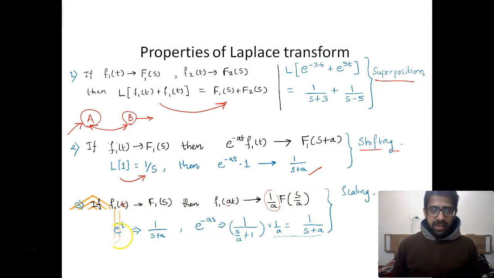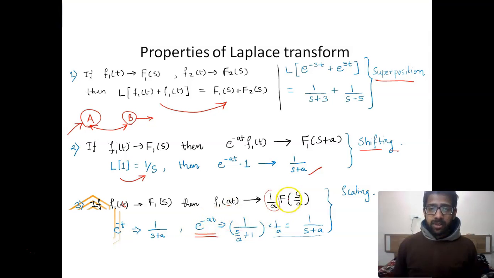For example, you have e raised to minus t's Laplace transform as 1 upon s plus 1. Now if you decide that you need to multiply t by a, the new time domain function is e raised to minus at.